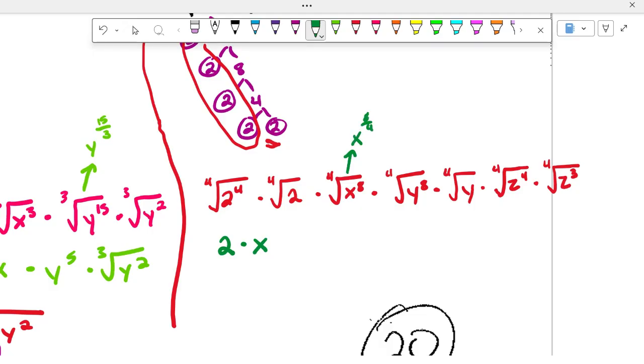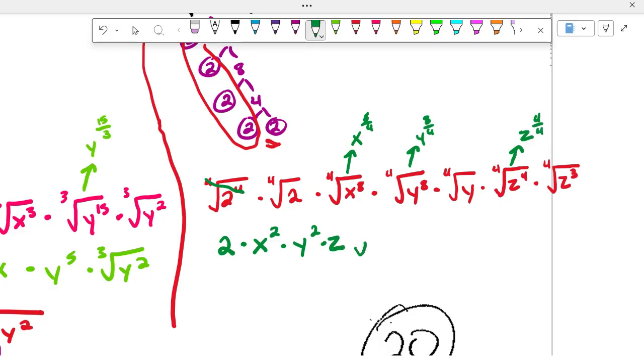So it's x what? Squared. 4th root of y to the 8th? Y squared. Come on, guys. 4th root of z to the 4th? Just z. It's z of 4 over 4.